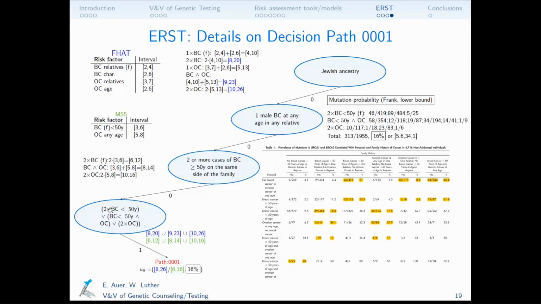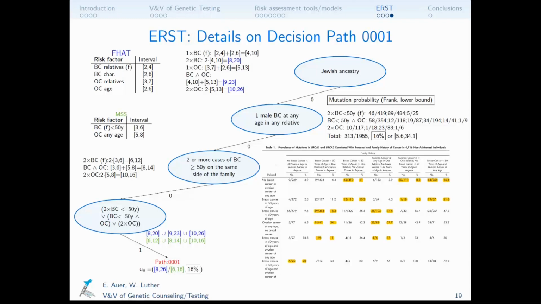For such relatives, we need to have 2 cases. The next criterion is any relative having or who had breast cancer at the age of under 50 years, and also any relative from the family history of the proband who had ovarian cancer. And the last criterion is for any 2 cases of relatives in the family history having ovarian cancer.